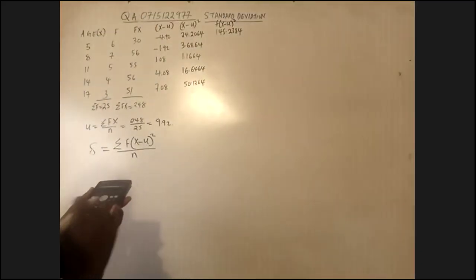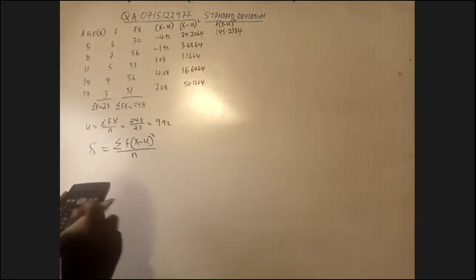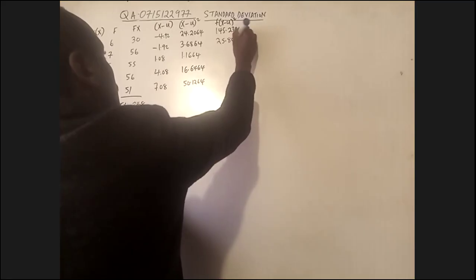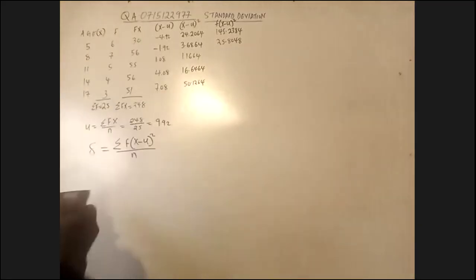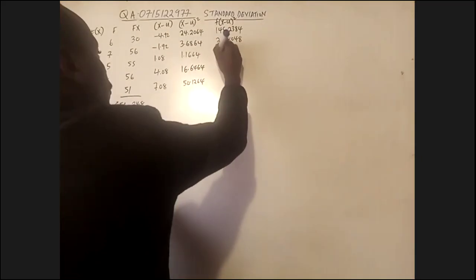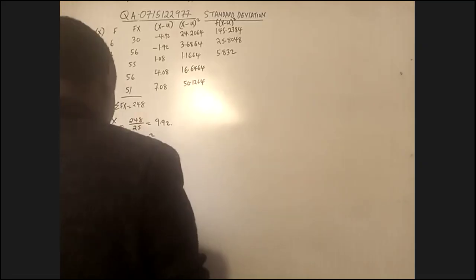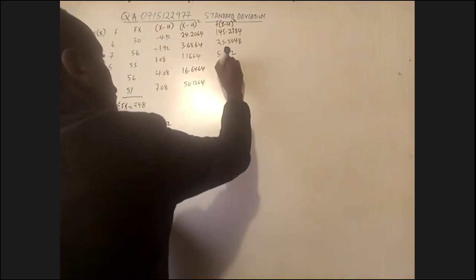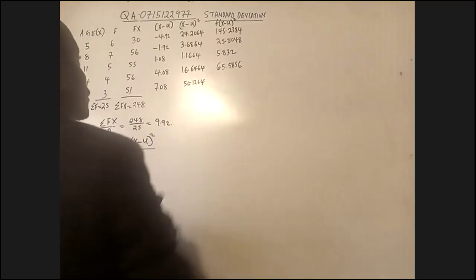Next, 3.6864 multiplied by our frequency 7 is 25.8048. 1.1664 times 5 is 5.832. 16.6464 times 4 is 65.5856.